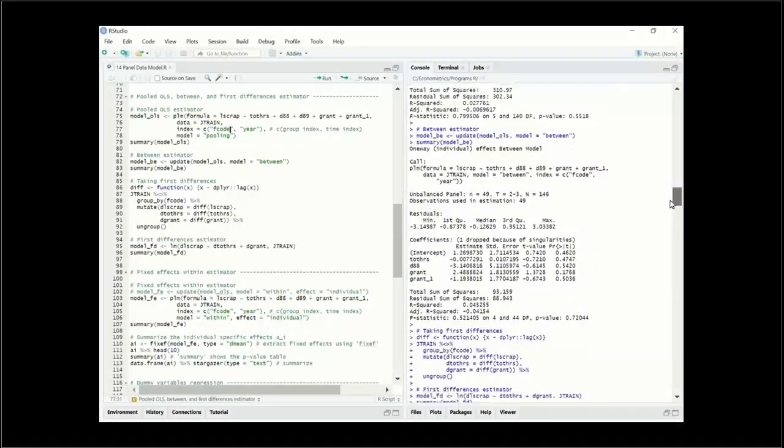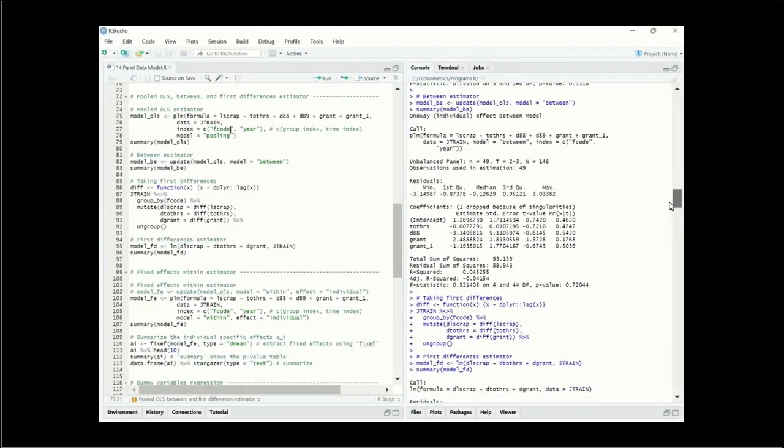Notice that when we use the between estimator, instead of the original variables that we have, each of them is replaced with the mean. So here we don't have the log scrap, but we have the average of the log scrap for each firm. This is the average of the total hours for each firm and so forth. So these are now the variables that we have here.